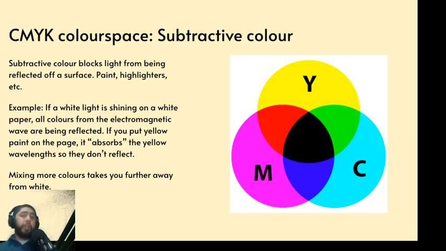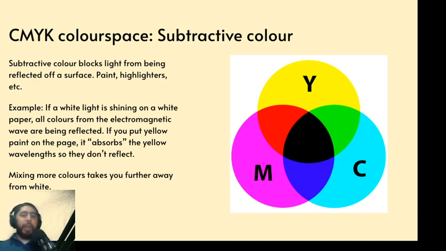And subtractive color is basically you subtract to get white, meaning you add to get black or closer to black. So things like paint or highlighters or pens, those are subtractive colors because they're not emitting light, they're reflecting light, and they absorb light. So it's doing the opposite of what additive color is.